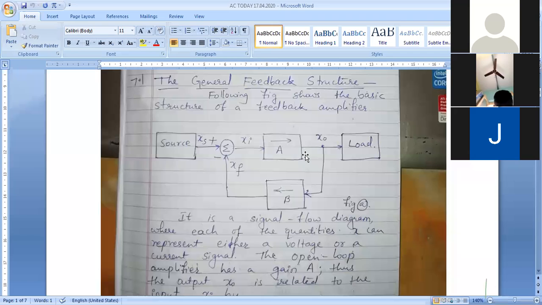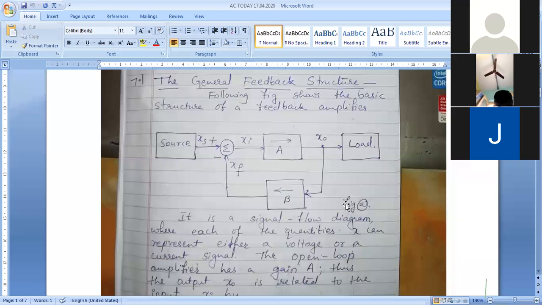Now it consists of a basic amplifier with open loop gain equal to A and a feedback network with the feedback factor equal to beta, and there will be a source and load. The source signal is XS and the feedback signal is XF. Here XI is the difference signal between XS and XF. Here X0 is the output of this amplifier.